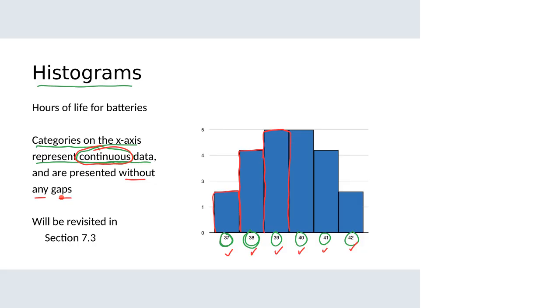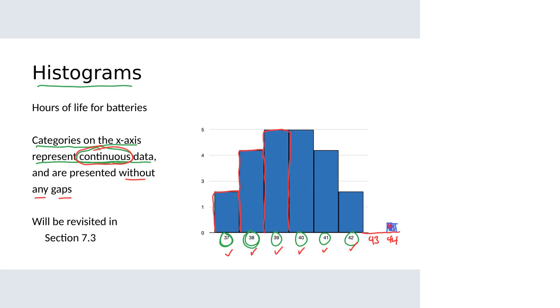I do want to say, it's possible that you'll see a histogram sometime that, let's say there's 43 right here and 44 over here, and let's say the picture looked like, I gotta squeeze it in where I can write it. There it is.